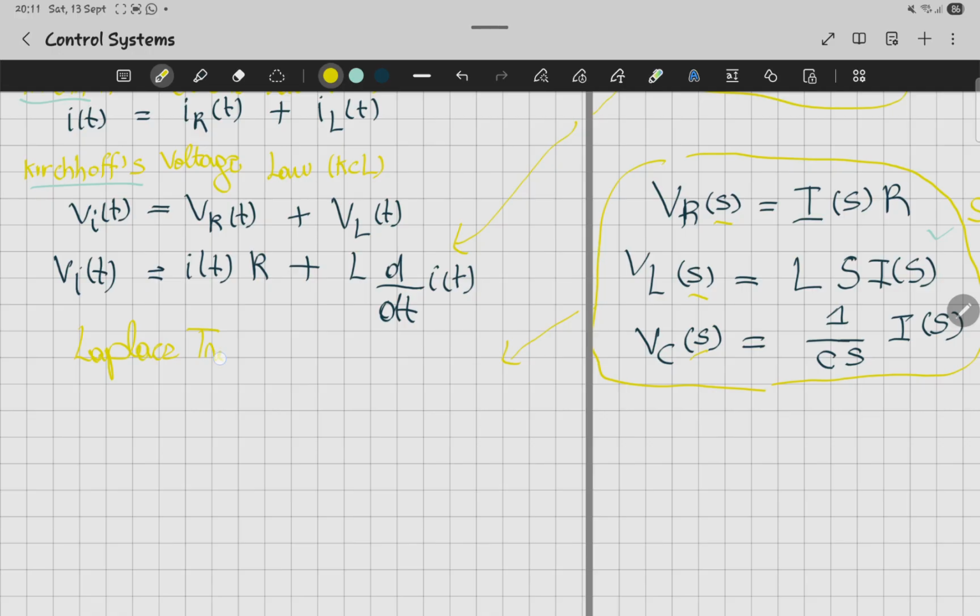And the reason why we're using Laplace here is to perform the conversion from time domain to S domain.